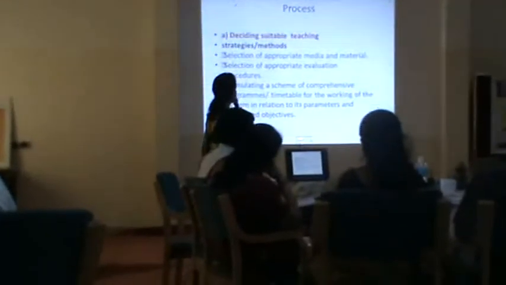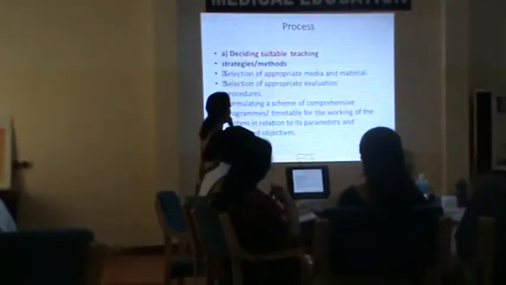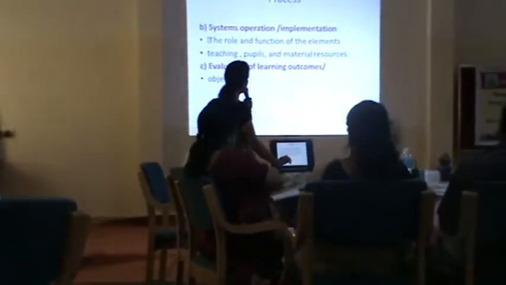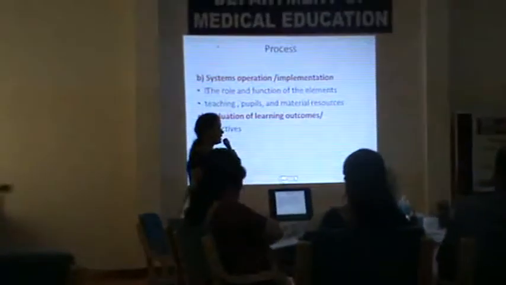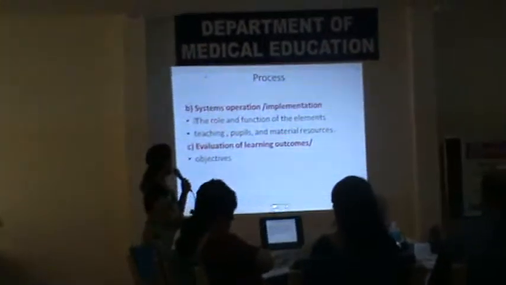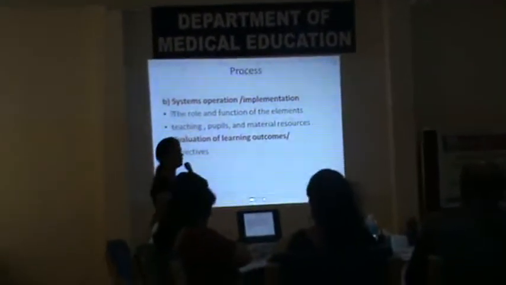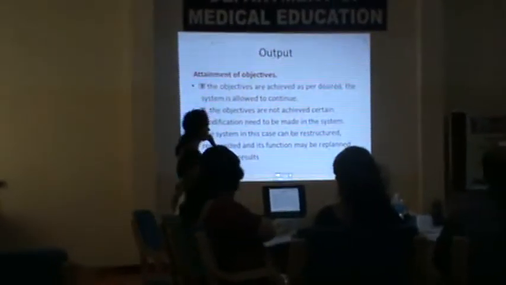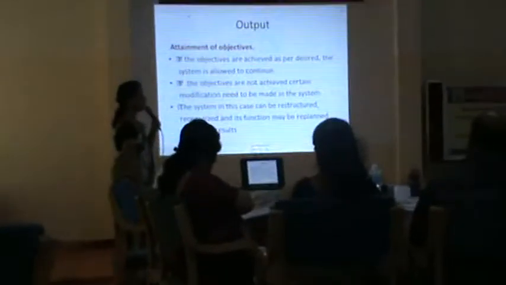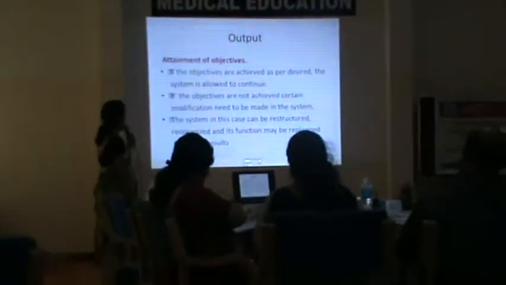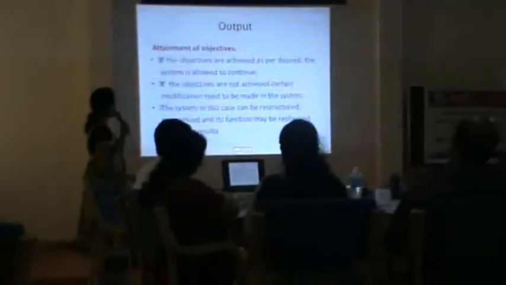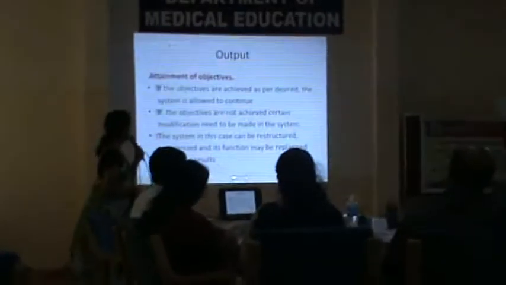So the process is deciding suitable teaching strategies and methodologies, then system operation and implementation. Once I design the implementation, then comes evaluation based on the objectives. These things in the process work together for the expected outcome. So the output is attainment of the objectives.